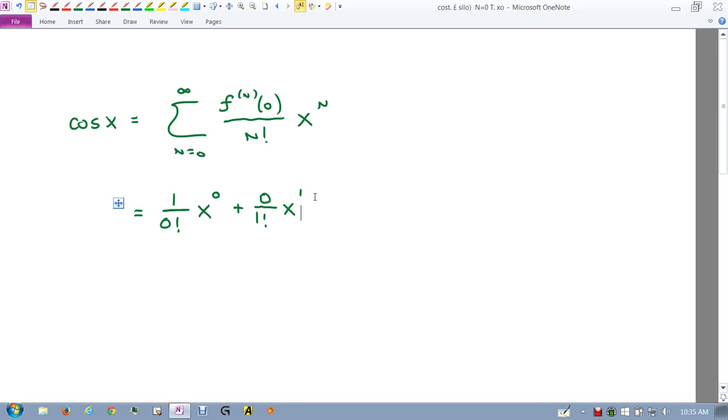What's the next one? So we're plugging in 2, right? That's an even number, but it's the mod 2 one. So we're going to get 1 out. Was it, no, -1, right? -1 comes out, and then on the bottom, be careful here. 2 factorial, and then x to the second power.